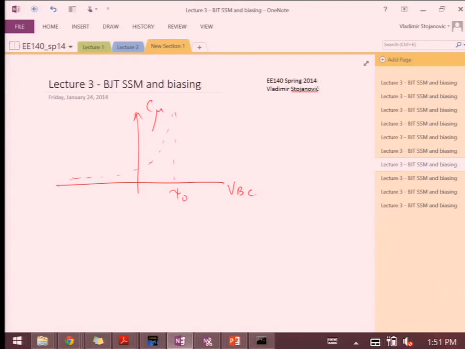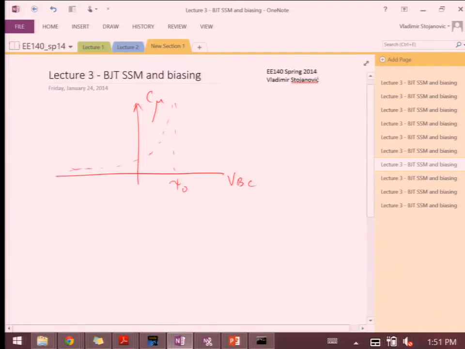Okay? But of course, when VBC becomes exactly psi 0 or minus psi 0, because this is VBC, this was VCB, you would have infinity, right? But that doesn't happen. Why doesn't it happen?